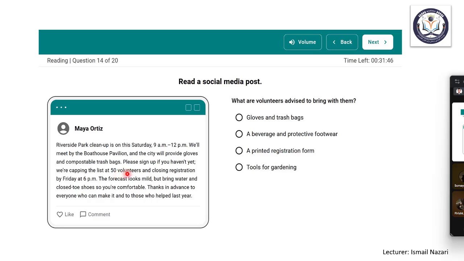related to this. Okay, so 50 volunteers in closing, and we'll read the rest of that one. The forecast looks mild, but bring water and a beverage. So water means beverage, and closed-toe shoes you are comfortable with. So from this sentence, we can easily understand that the answer would be B, a beverage and protective footwear, without reading the rest of the text.